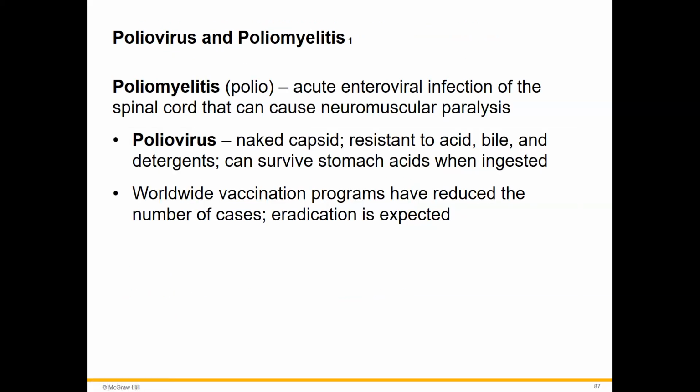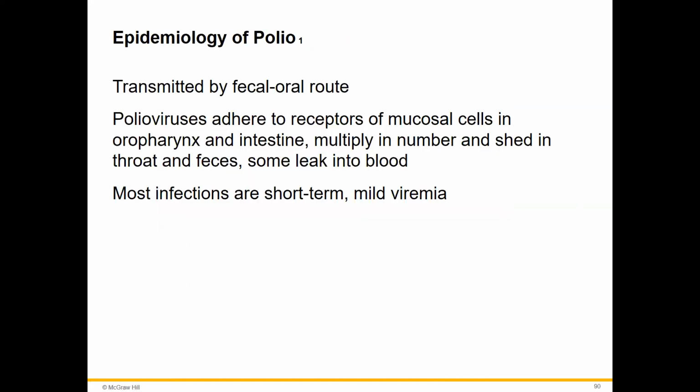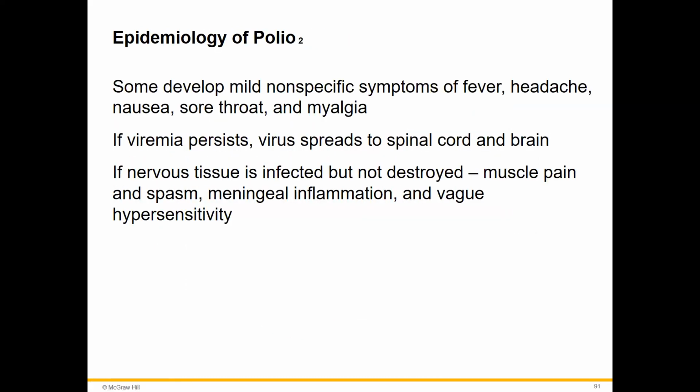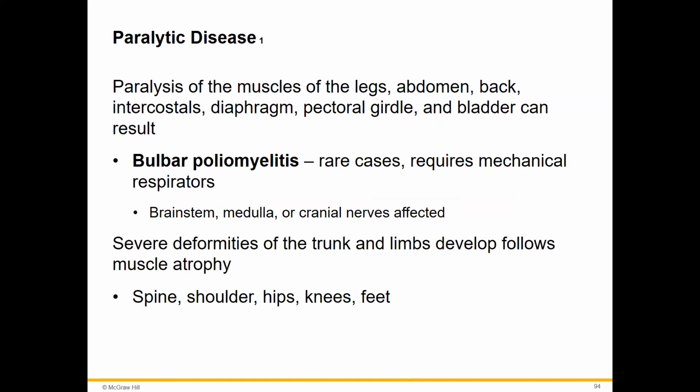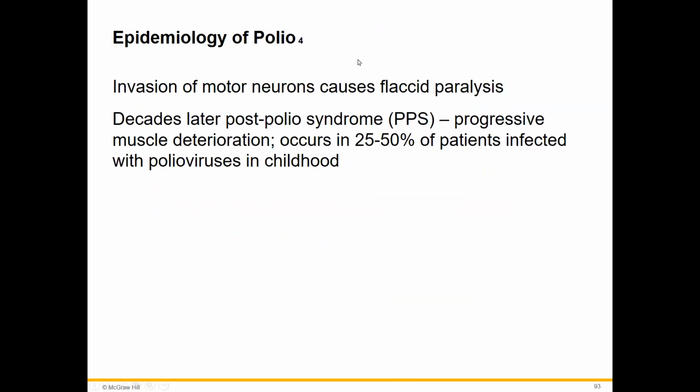So we talked about polio. I'm just going to pop through and get to these tables because I think that would be the most helpful thing. If you're not sure what's happening with polio, essentially you have motor neurons that are invaded by the virus and you'll have a flaccid paralysis. So you could compare this to our botulinum toxin, which also can cause a flaccid paralysis because it's preventing acetylcholine release.